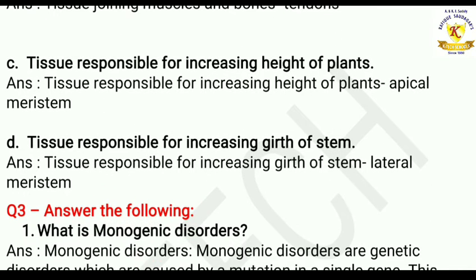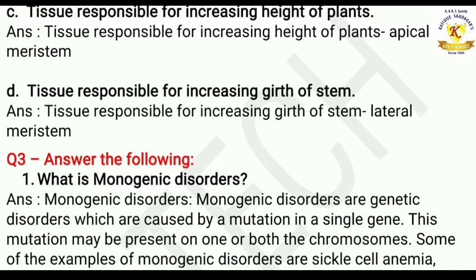Next, tissue responsible for increasing height of plants. Answer, apical meristem. Fourth one, tissue responsible for increasing girth of stem. Answer, lateral meristem.